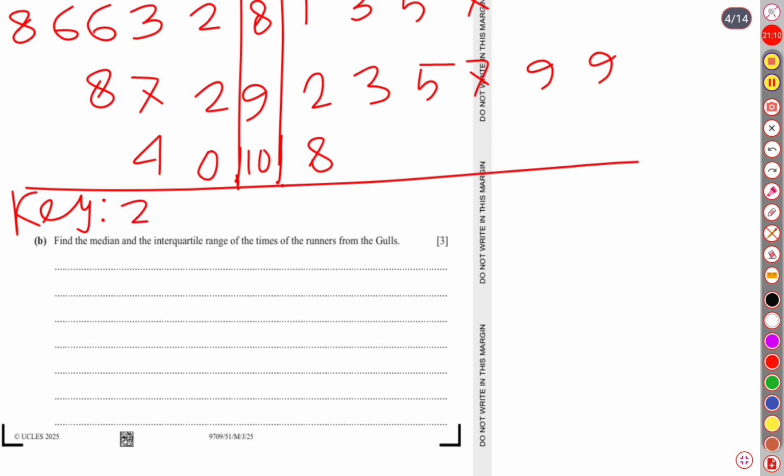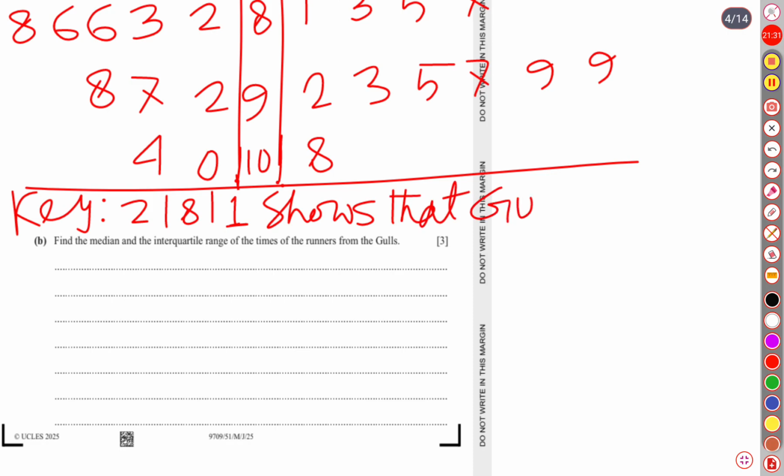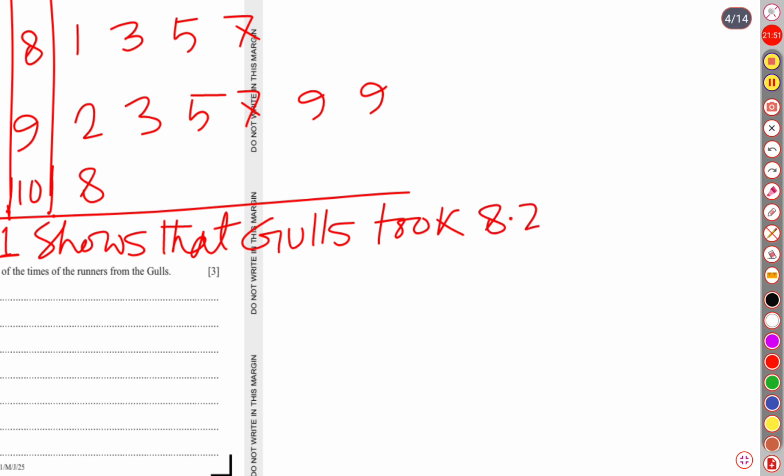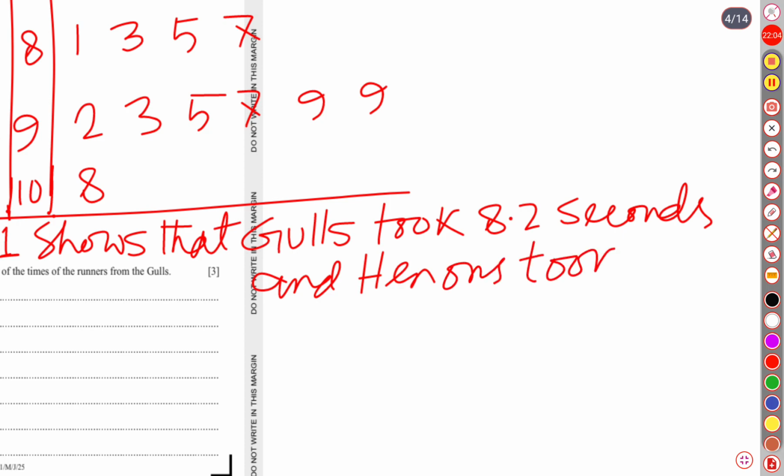The key is 2 | 8 | 1, which shows that girls took 8.2 seconds and herons took 8.1 seconds.